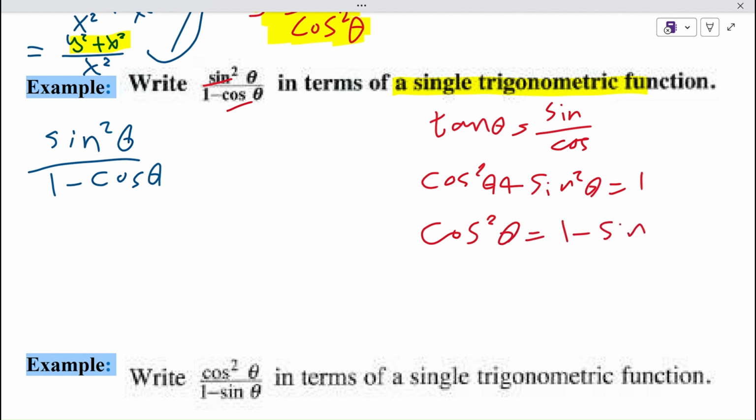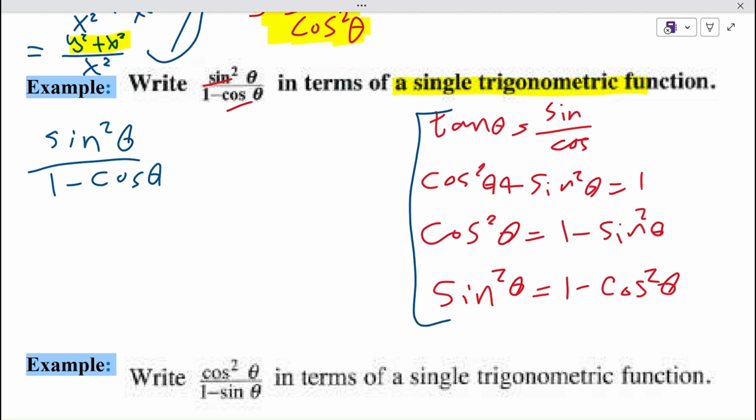And if sine square theta is here, then this becomes 1 minus cosine square theta. We just have these rules, guys. By using these rules, we can solve this question.